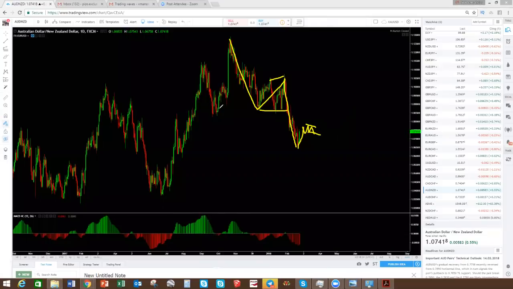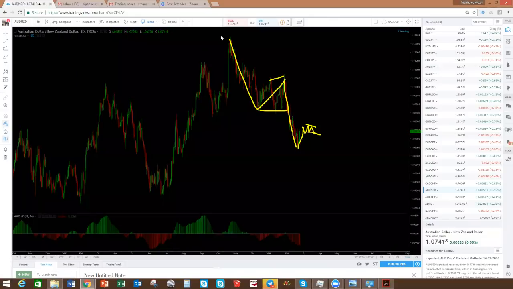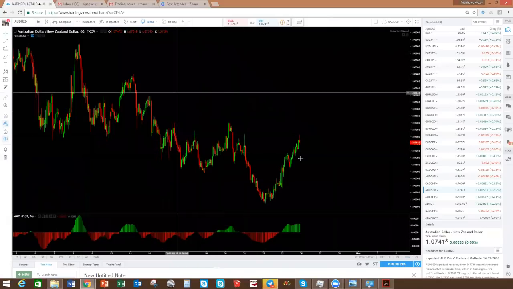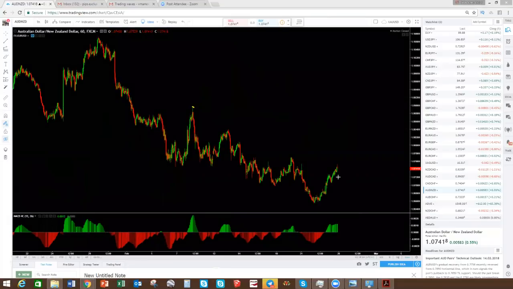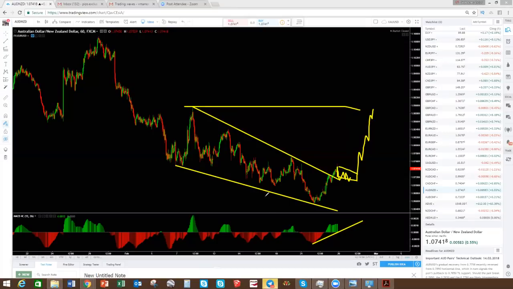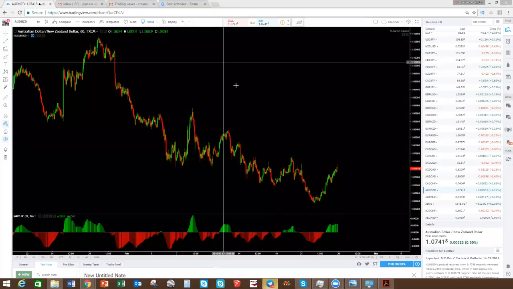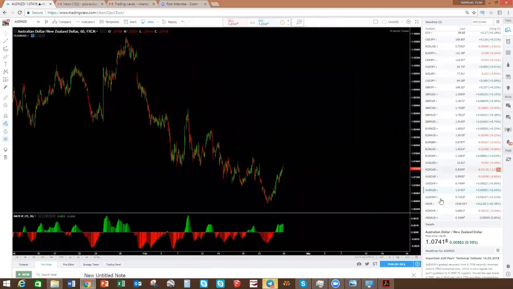All the New Zealand pairs are looking upside. Remember, all the pairs with New Zealand as the code are looking upside. Here we just got out of this V pattern, as you can see. What we want is a correction here, but a move up, at least to that level. Okay, so let's keep an eye on that one. All the New Zealand pairs are looking very nice.